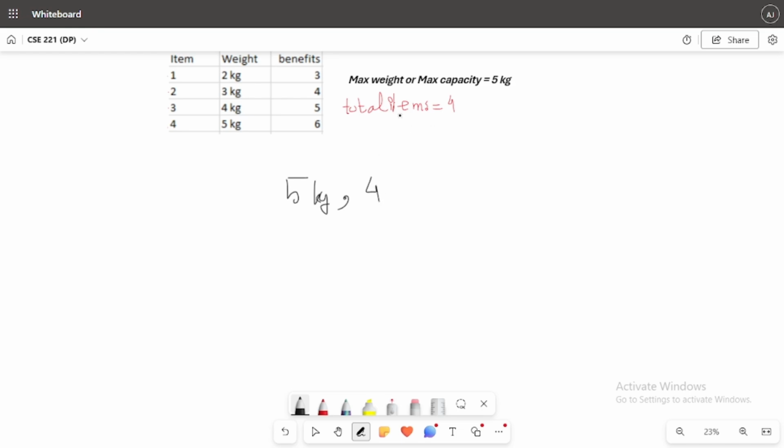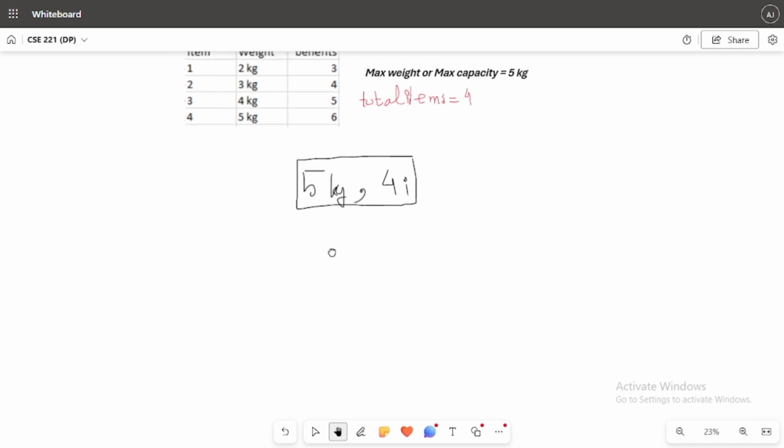Now, we will denote items by I. Now, it is our first root. It is the root of the tree: 5 kg and 4 items, as it is given or we have found.